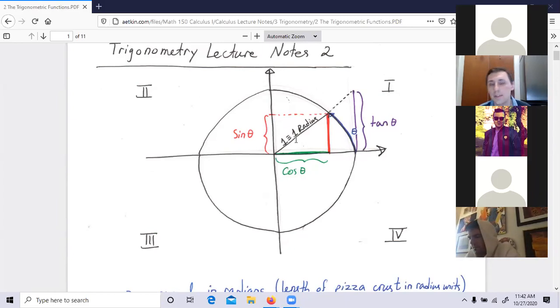So then I ask myself, what is sine of pi over 4? All I do is I open up the crust to be of length pi over 4 radius, right? Slightly less than 1 radius. And I measure against, let's say, the y-axis in radius units, how long is the red rope. That's all I do. The reason I call it a function is because each particular angle will correspond to a particular length of rope. Good?